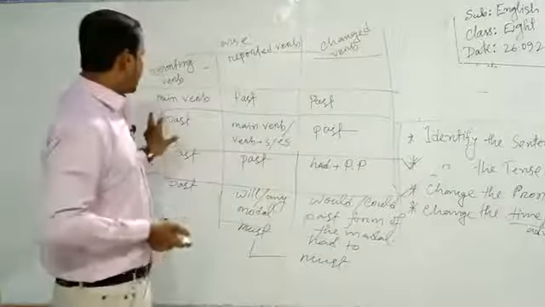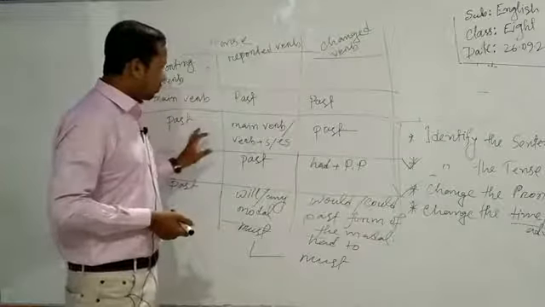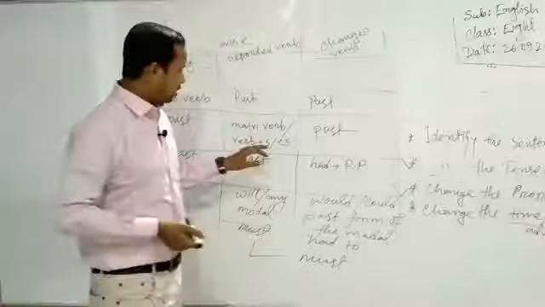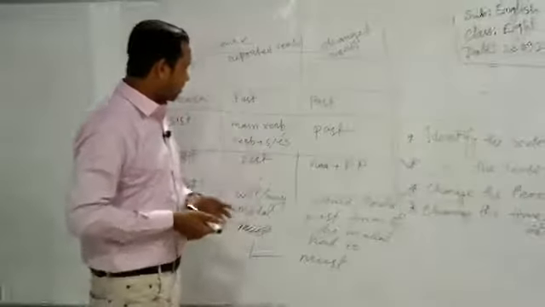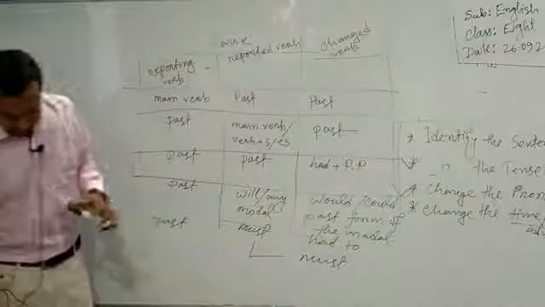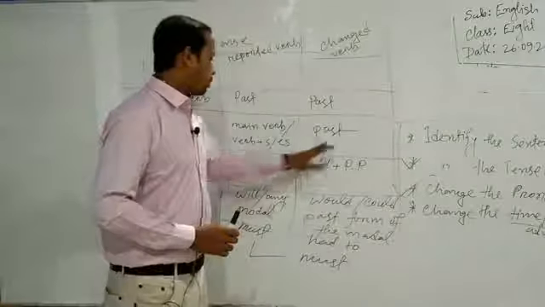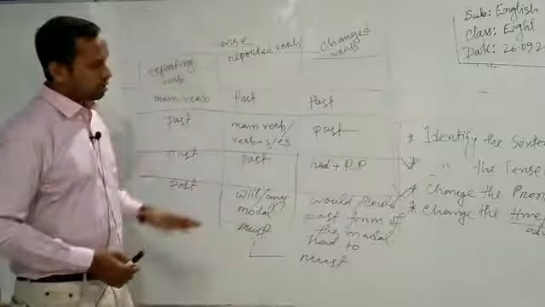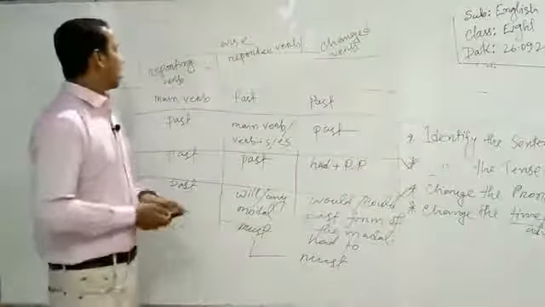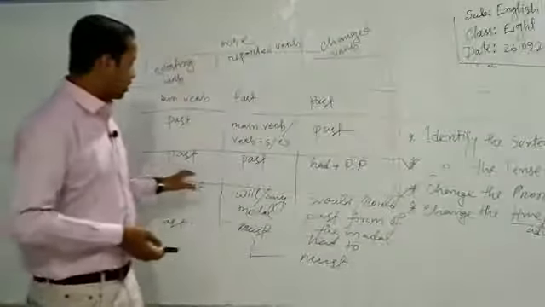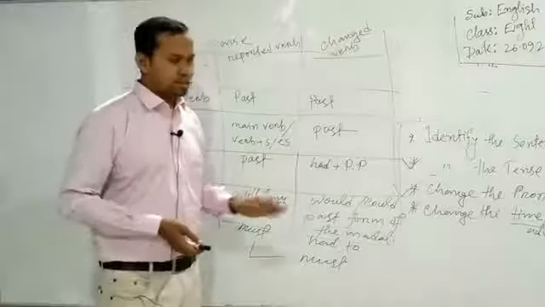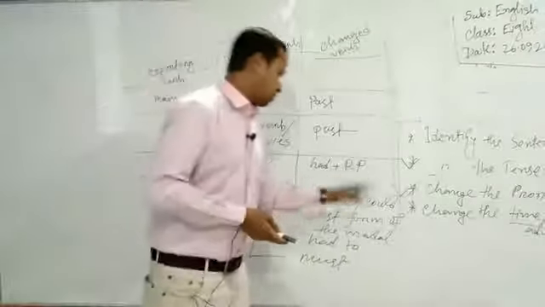If the reporting verb is in past form and in reported speech we have main verb, that means third person singular or main verb, we will change the verb into past. And if both the reported speech and reporting verb are in past form, we have to change the verb to had plus past participle.